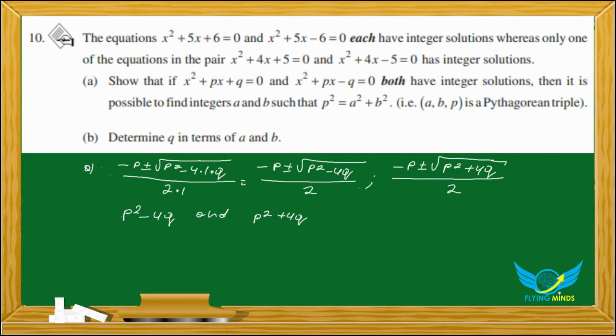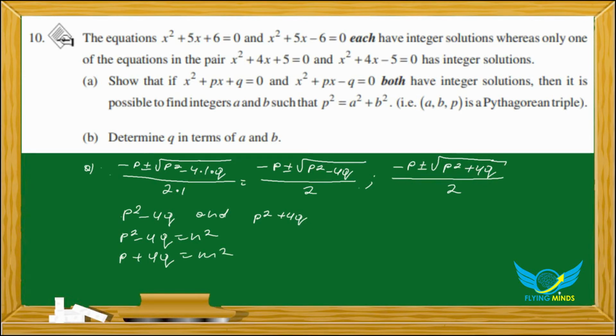In other words, let the first expression equal n², and the second p² + 4q equal m².